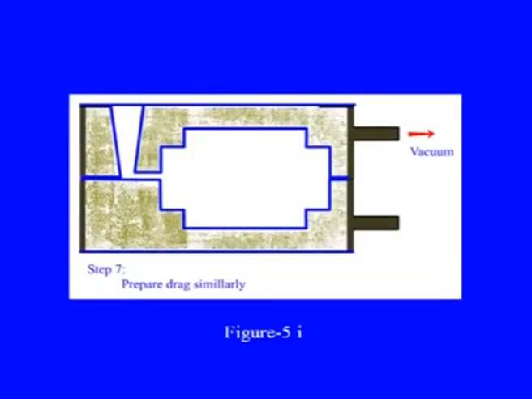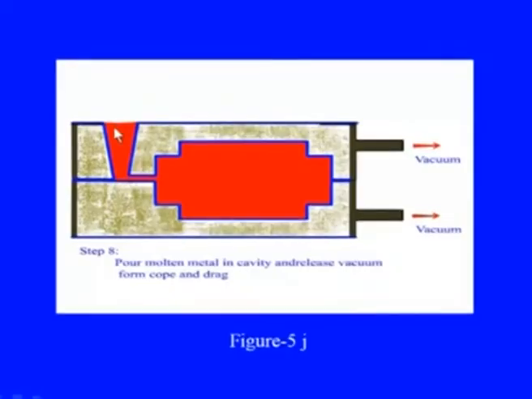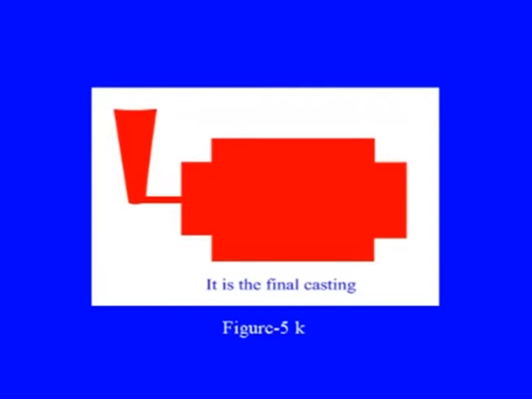Then prepare the drag in the same way. Then it is ready for the pouring, and the molten metal is poured and fills the cavity in this fashion, which gives the final casting.